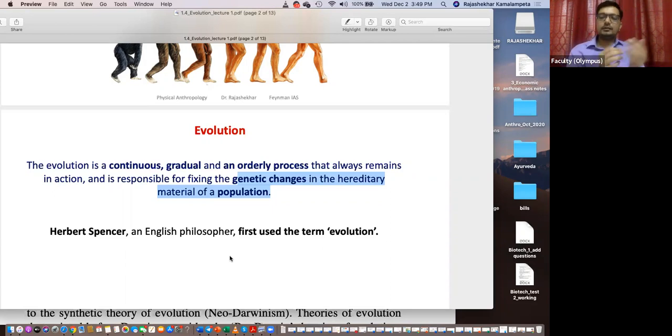That is what we are realizing. Initially, they didn't know that something like DNA exists. So today we are saying that ultimately anything, environment, natural selection, inheritance of acquired characteristics, whatever the theory is, at the end of the day, it has to act on the DNA, the genetic component. Only when changes happen in the genetic component can this be seen as an outcome.